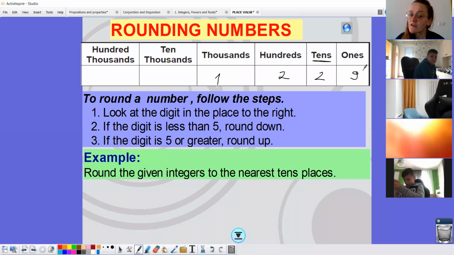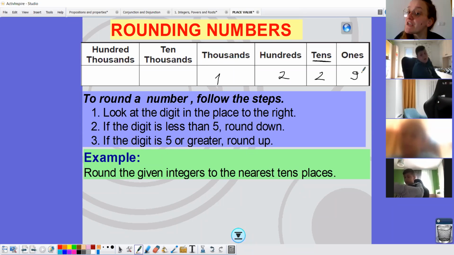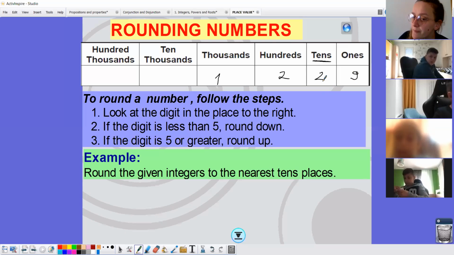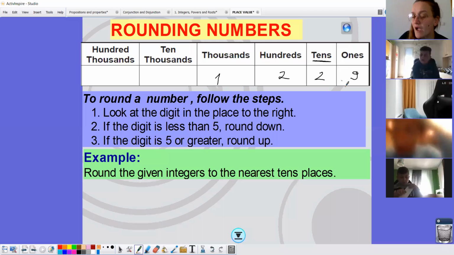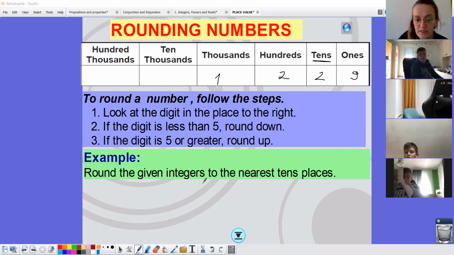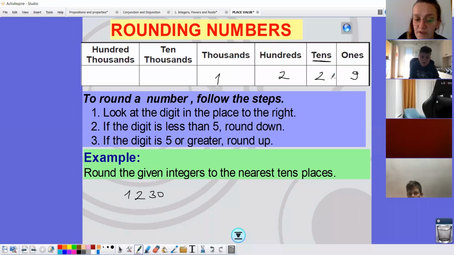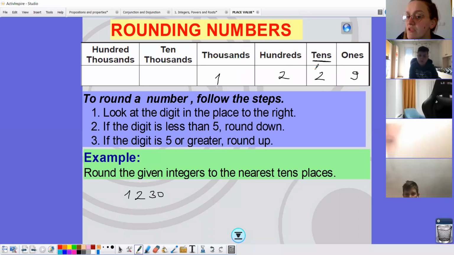Is it greater than or less than 5? It's greater than 5. If it is greater than 5, I will add a number here and 0. What will be my new number? 1230.